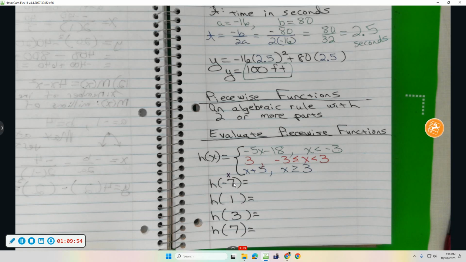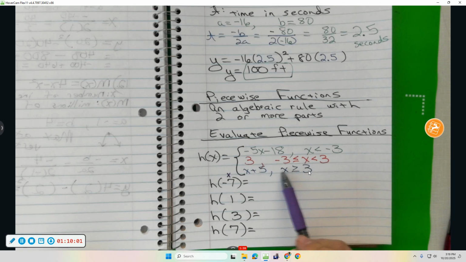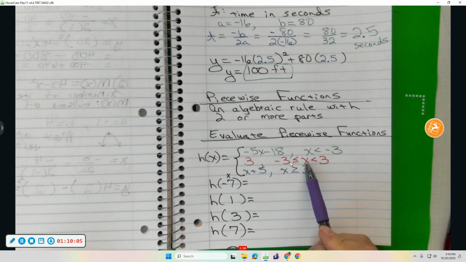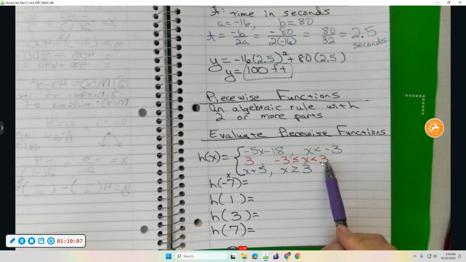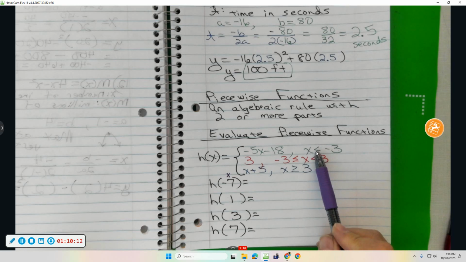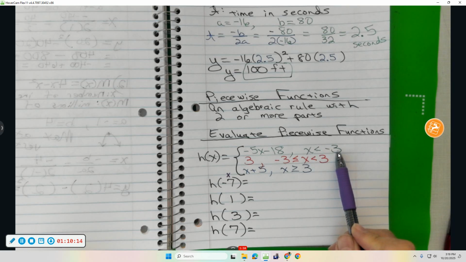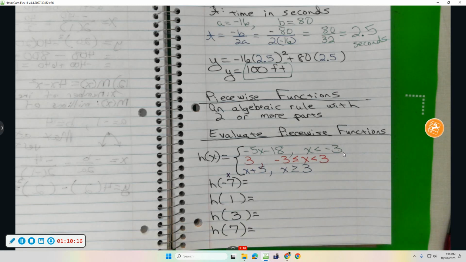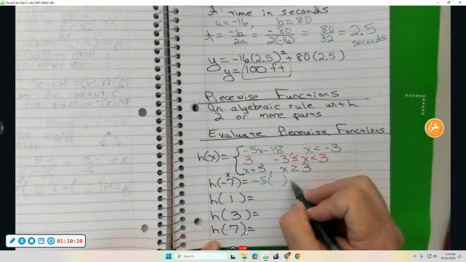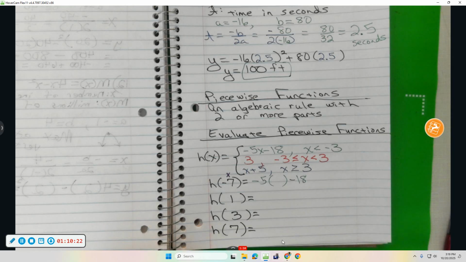I'll get you going. -7 is not bigger than +3. It's not this one. Is -7 between -3 and +3? No. I think -7 is less than -3. So you're going to use the green piece. -5, plug in your -7, minus 18.